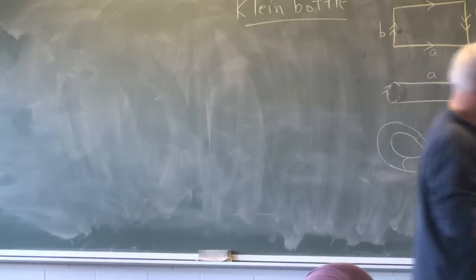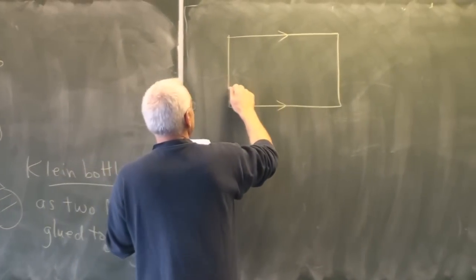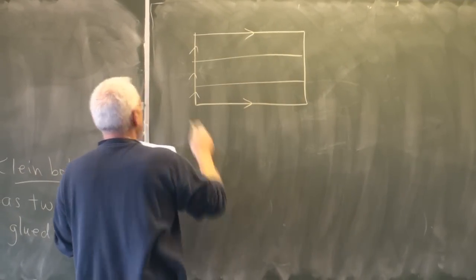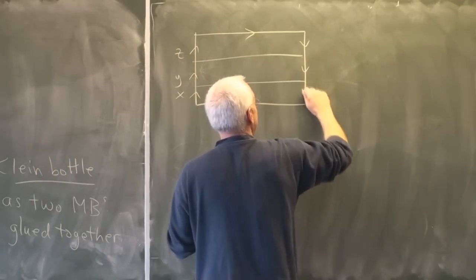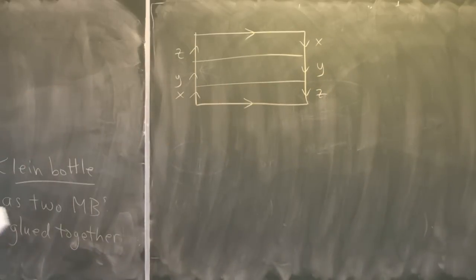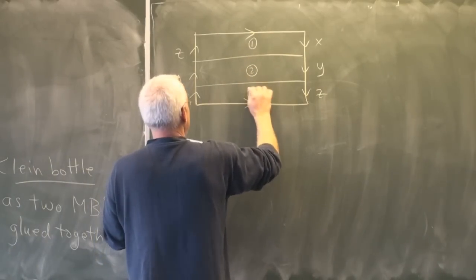All right, so let's dissect a Klein bottle, and we'll just draw this picture a little bit bigger. So there will still be our top and bottom. And now I'm going to divide this into three pieces. Let me call that X, Y, and Z. And then pieces over here will be X, Y, and Z. And let's call these three regions 1, 2, and 3.